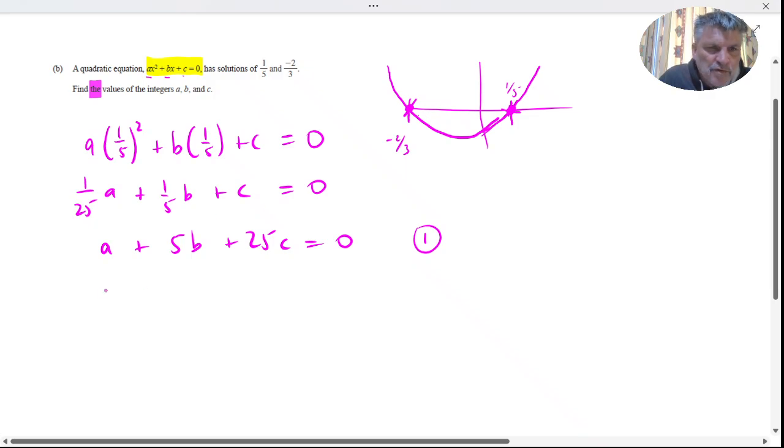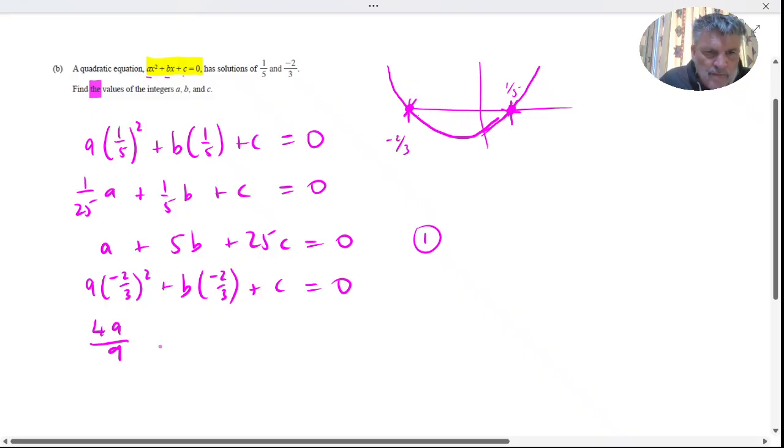And then if we put in minus 2/3, we'd get a times minus 2/3 squared plus b times minus 2/3 plus c equals 0. Square this, so you get 4 over 9. 4a over 9 minus 2b over 3 plus c equals 0. And we can multiply through by 9, so we get 4a minus 6b plus 9c equals 0.